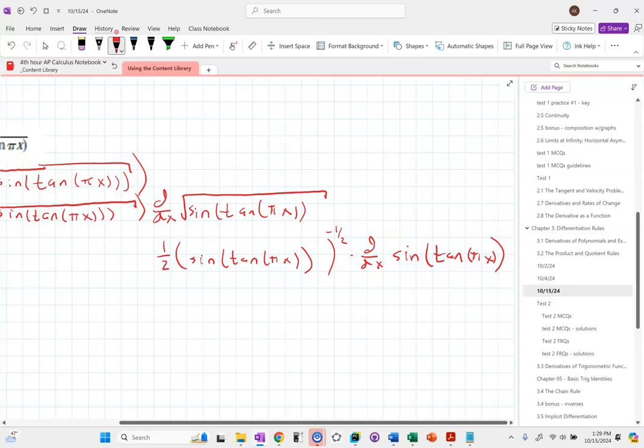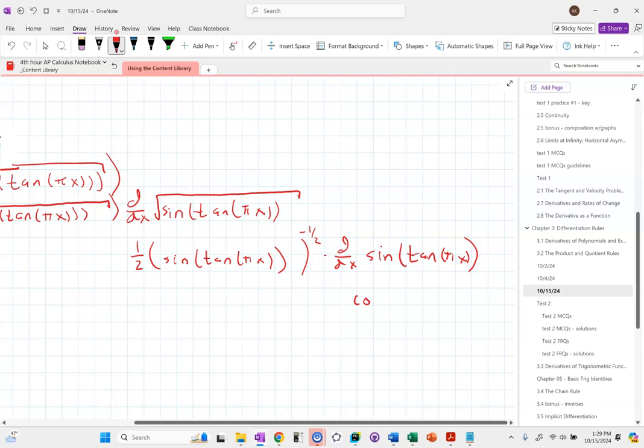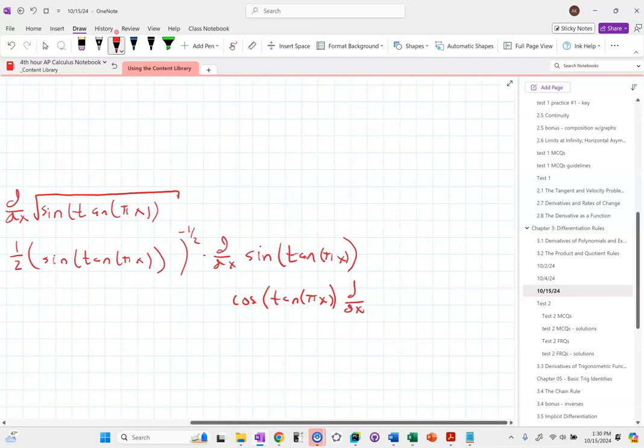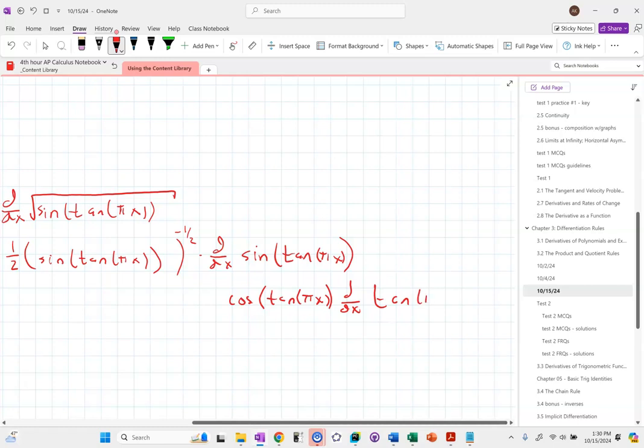And then the derivative of sine of tan pi x, well, that's cosine tan pi x. Derivative of tangent pi x. And derivative of tangent is secant squared. And the derivative of pi x is just pi.